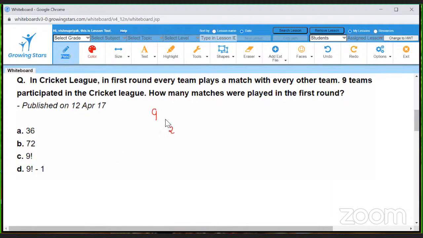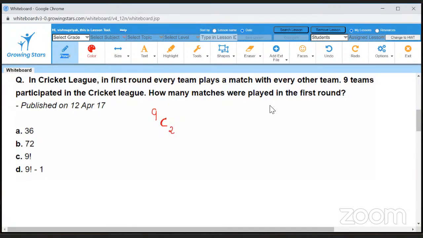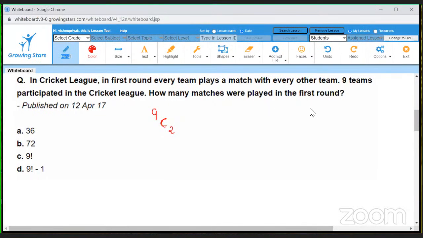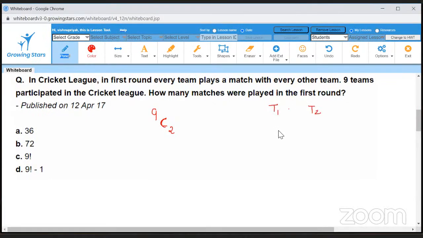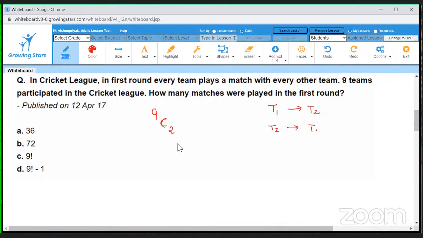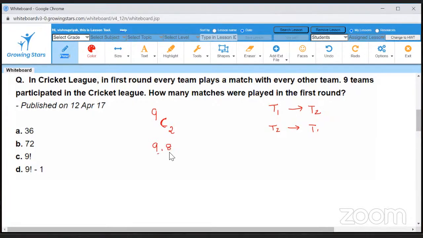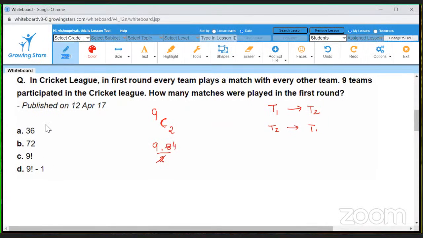This we have to select, not arrange, because whether team 1 plays with T2 or T2 plays with T1 is one and the same. So arrangement is not taken, just selection is taken. And 9C2 will be: start with 9, take 2 numbers, by 2 factorial. You will have 36 ways the matches can be played in the first round. Let's move on to the next question.